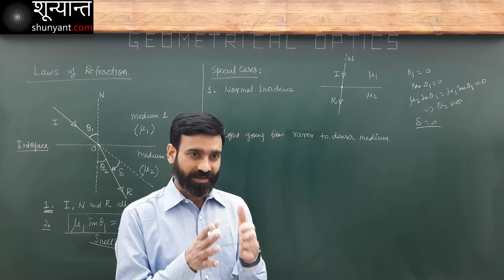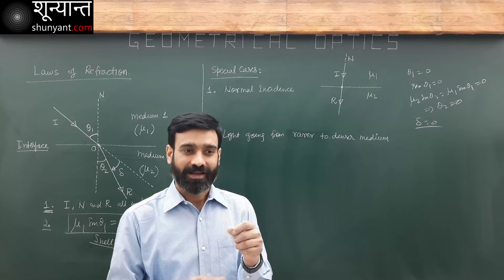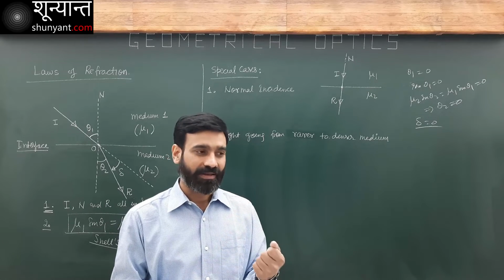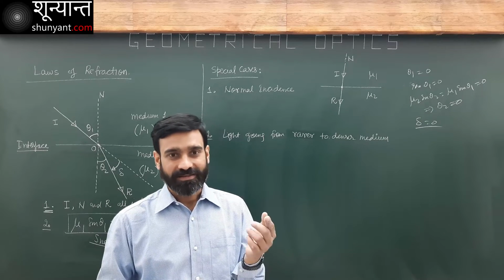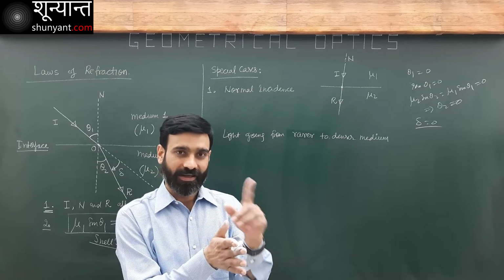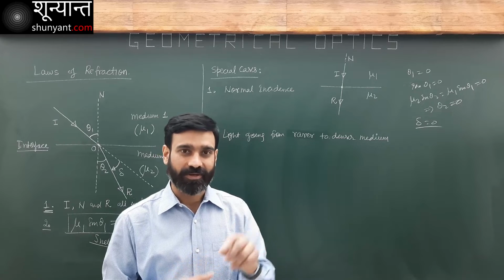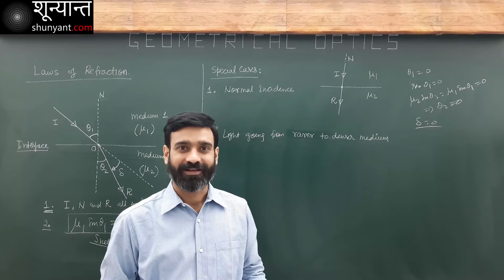If both mediums have the same refractive index, let's say I have water, it has some refractive index, and I have some oil which has the same refractive index as water. For us, they are two different mediums, but for light, they are the same.